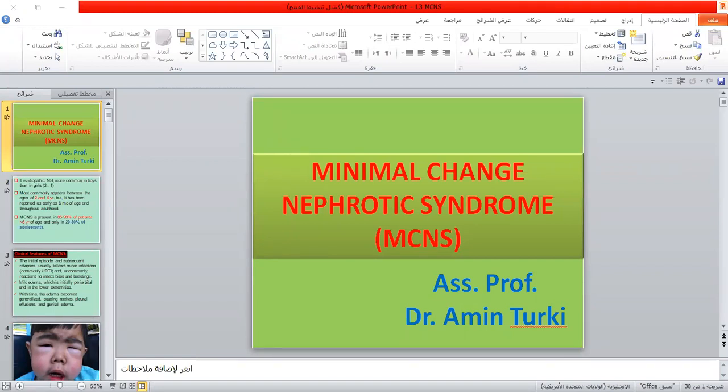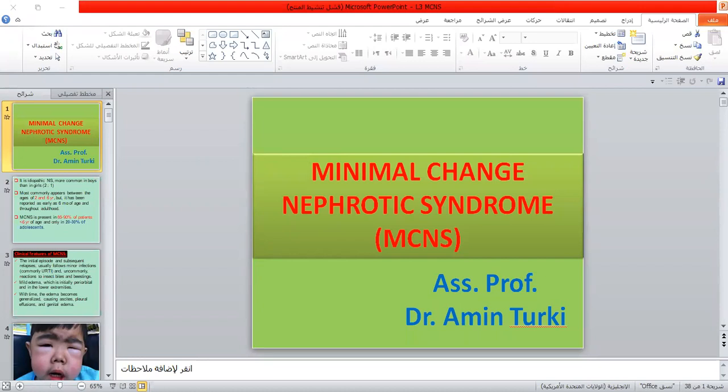Minimal change nephrotic syndrome accounts for about 85% of all cases, then mesangial proliferative glomerulonephritis, which accounts for about 10% of the cases of primary nephrotic syndrome, and focal segmental sclerosis, which accounts for about 5% of the primary or idiopathic nephrotic syndrome.